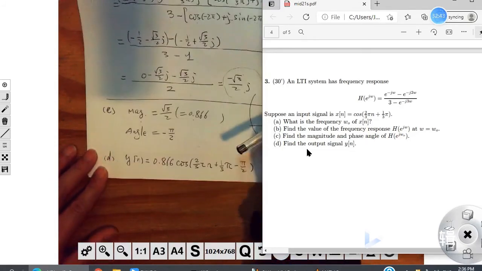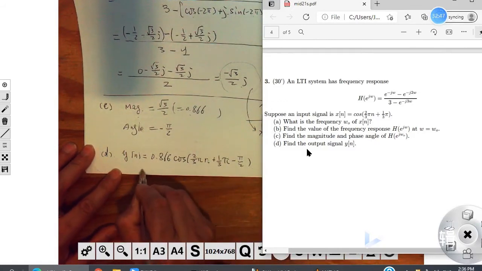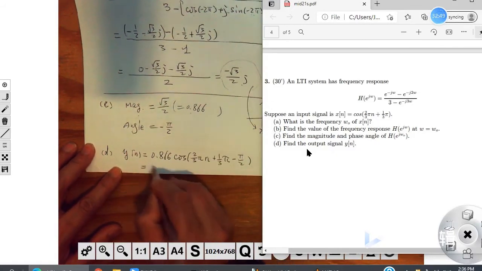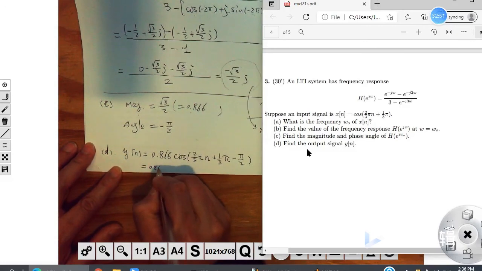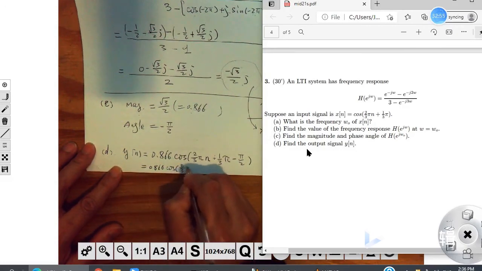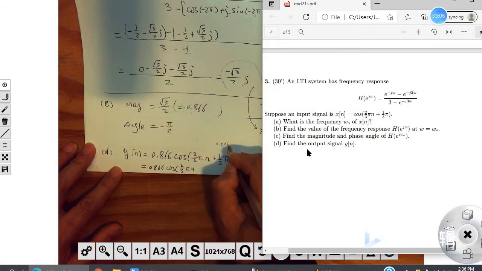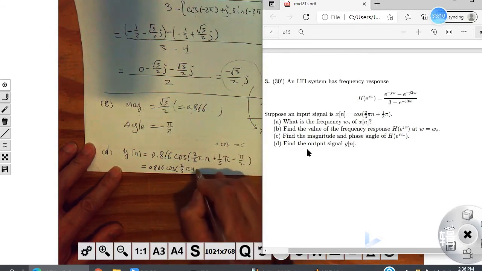If you want, you can simplify. Let me write here: 0.866 cosine of 2/3 pi n. These two, I add them together: plus 1/3 and minus 1/2. This is 0.333, this is 0.5 negative, so it will be minus 1/6.